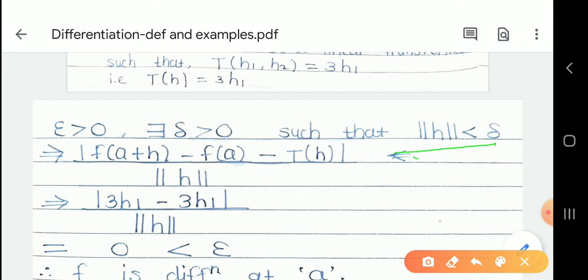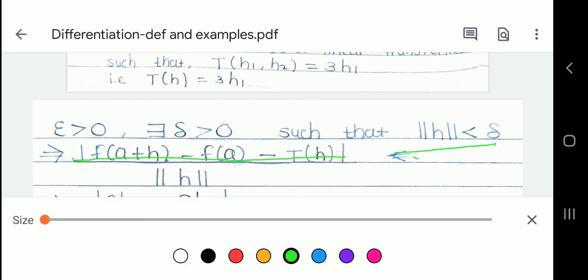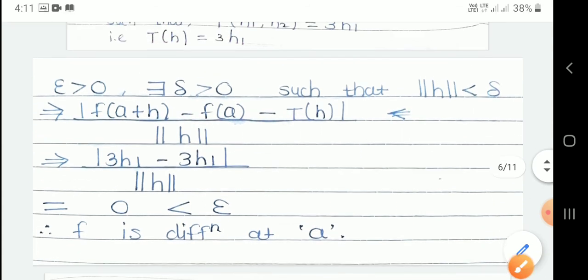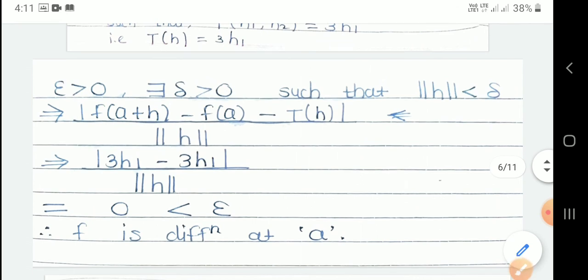Consider modulus of f of a plus h minus f of a minus t of h upon norm h. The value of f of a plus h minus f of a is 3h1, and the value of t of h is also 3h1. So 3h1 minus 3h1 means 0. 0 upon norm h is 0. So 0, which is less than epsilon. If this quantity is less than epsilon, that means the function f is differentiable at a.